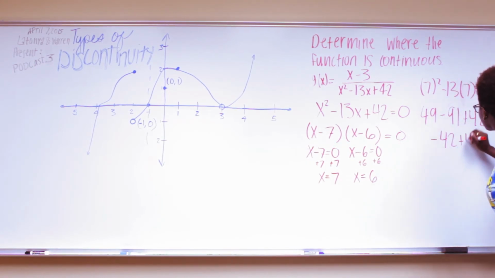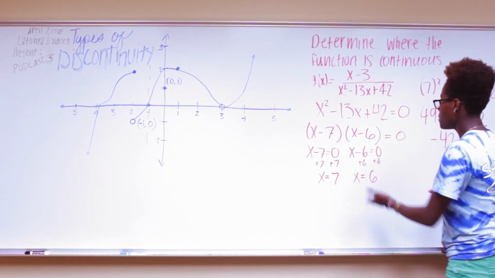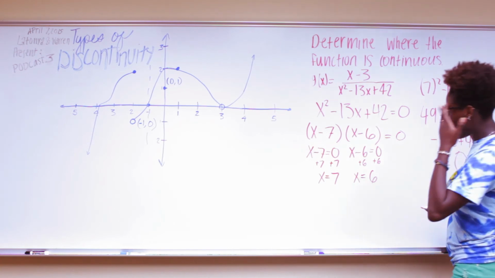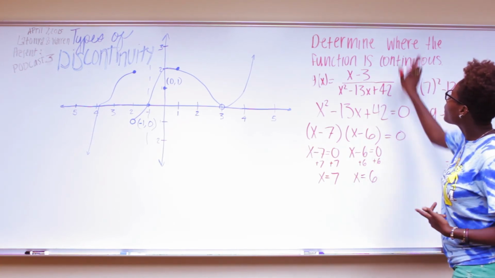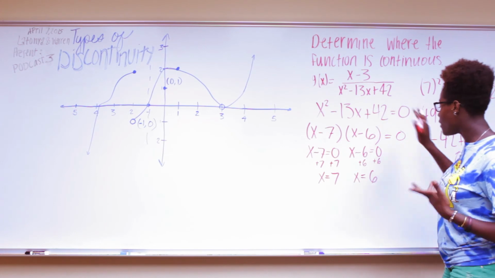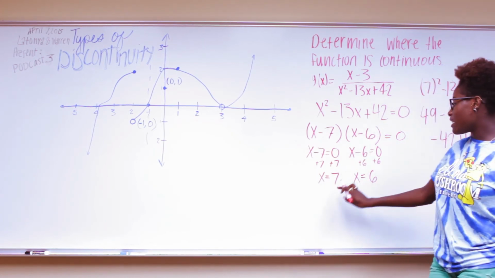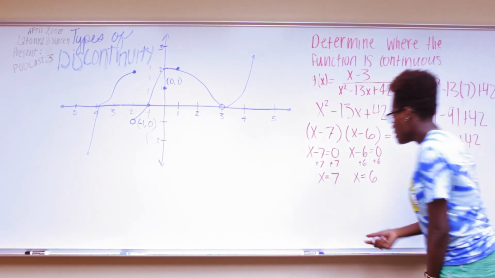Negative 42 plus 42 equals 0. So this point is true. We can assume that 6 is also true. So we know that the function is continuous for all real numbers except when x equals 7 and 6.